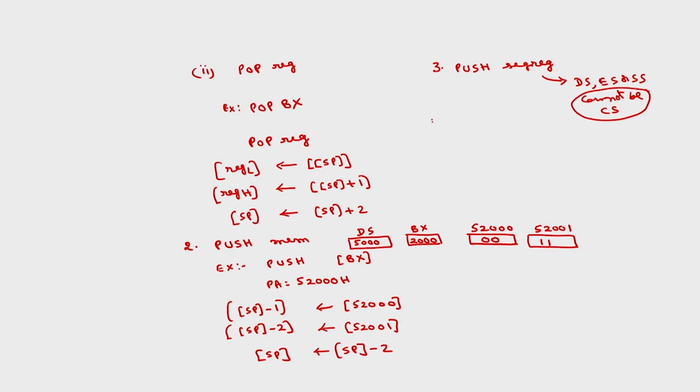Similar operation, suppose if I take the example, push SS. If the contents of SS is FF00, then the higher order, which is FF, will be transferred to the contents of SP minus 1. This contents becomes FF, contents of SP minus 2 becomes 00, SP becomes SP minus 2.